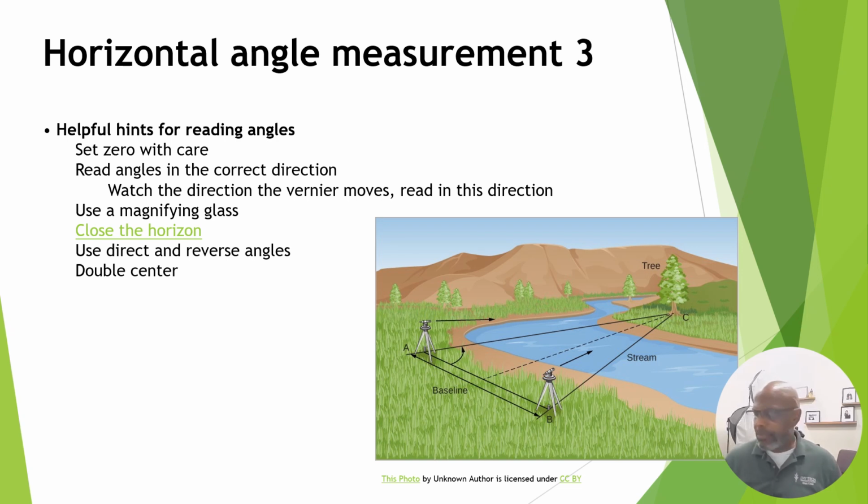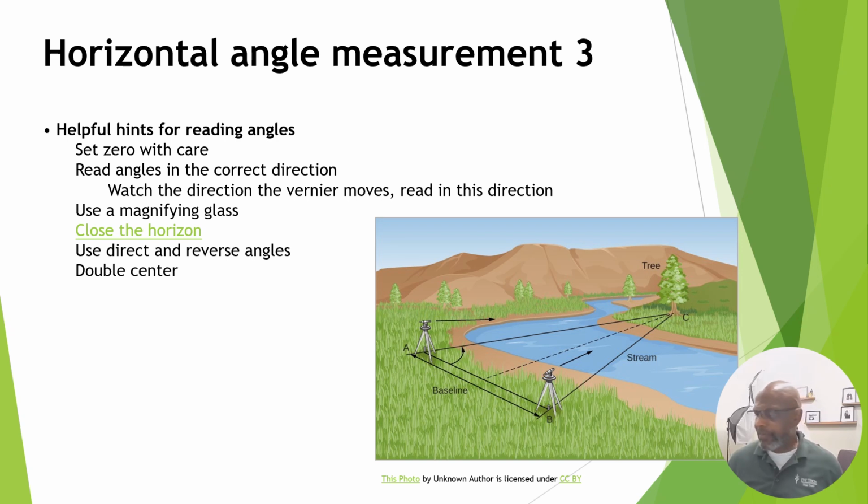And one of the things we call close the horizon, where we're taking measurements, it should always come back to 360 degrees. It should add up if you're taking the different angles. So when you're measuring, just make sure that you check your equipment and you check your work. Both of those will help keep errors down and certainly eliminate mistakes.